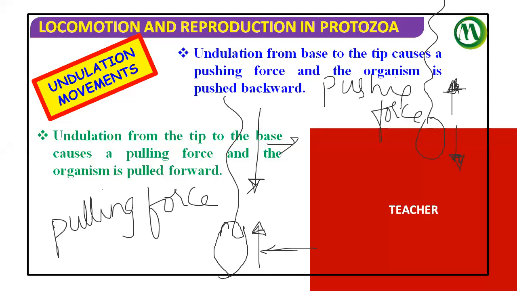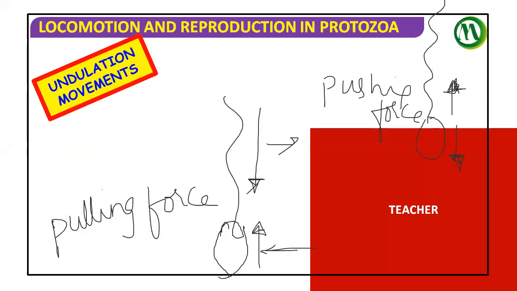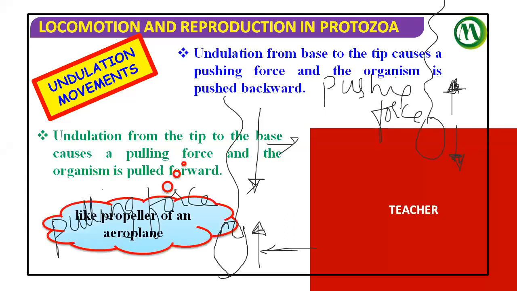We even have a comparison for this. It is compared with the propeller of an aeroplane. Imagine there is an aeroplane with a fan in front: the propeller of the aeroplane, pulling force.